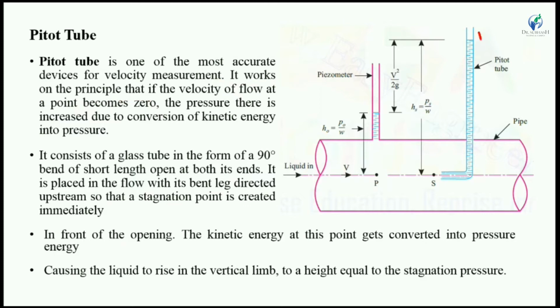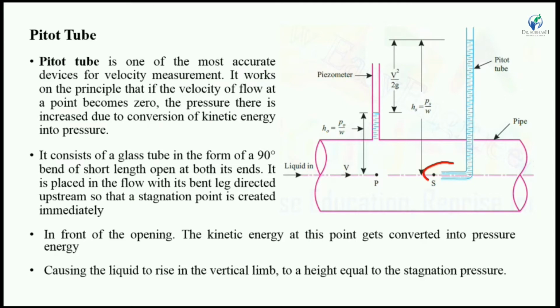The Pitot tube consists of a glass tube bent at 90 degrees, and the 90 degree bend has a short length and is open at both ends. It is placed in the flow with its bent leg directed upstream so that a stagnation point is created immediately, as shown in the figure.